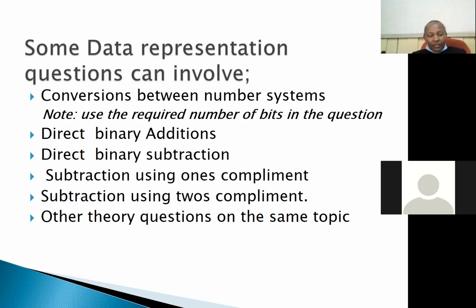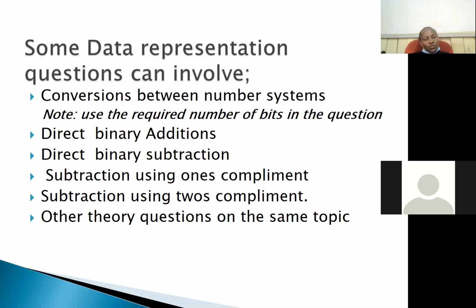On this, for example, the question can be: leave your answer in binary notation. At that point, when you have the binary digits, you are okay. But let's say you are told to give your answer in decimal notation, and you are using the ones complement, and your answer is a negative number.